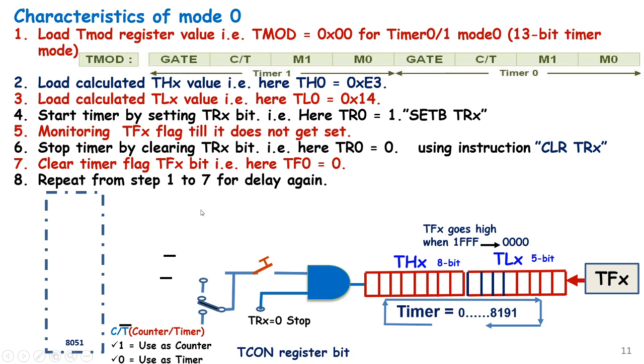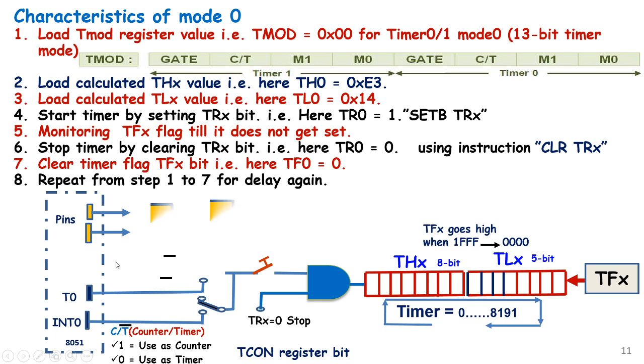So how does this timer work in mode 0? These are the pins, the crystal pins. Internally the clock will be taken, or an external clock is to be given. Then T0 and interrupt 0 will be activated. Now see, when we take the internal clock, the crystal frequency gets divided by 12.